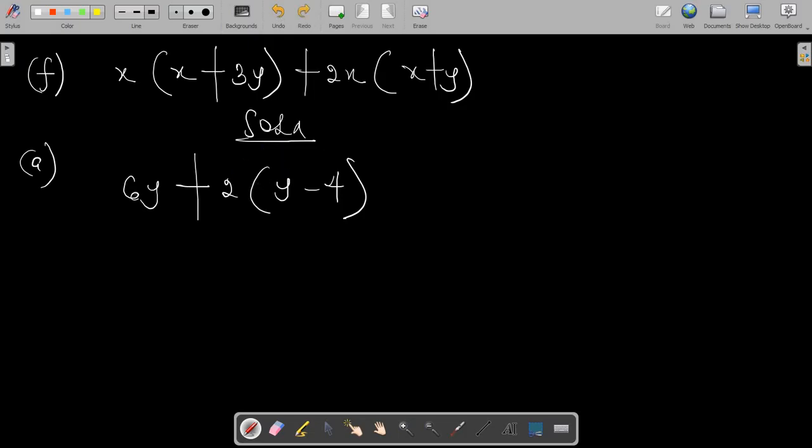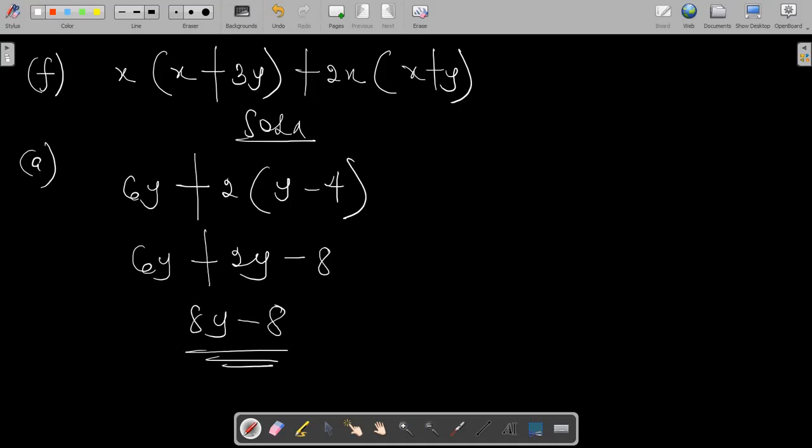So we now have the result to be 6y plus 2 times y, we have 2y, plus times minus, we have minus, 2 times 4, we have 8. Now 6y plus 2y, definitely we are going to have it become 8y, then minus 8. And that is the answer to that question.